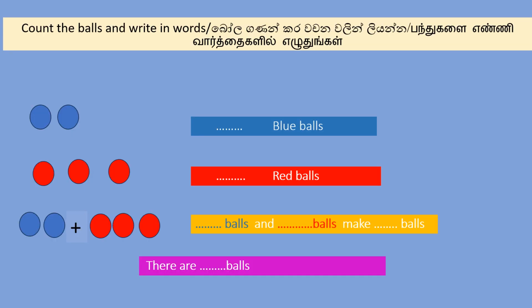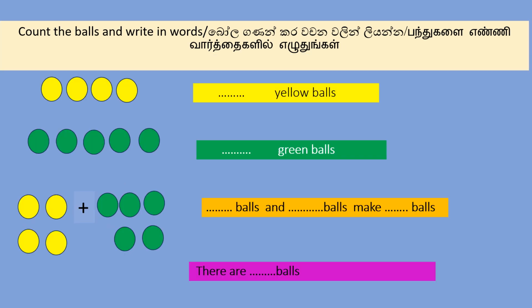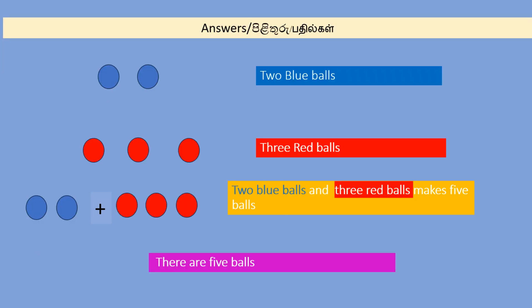Count the balls and write in words. Answers: 2 blue balls, 3 red balls. 2 blue balls and 3 red balls make 5 balls.